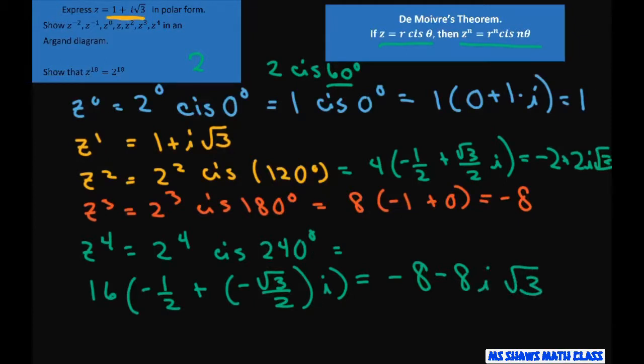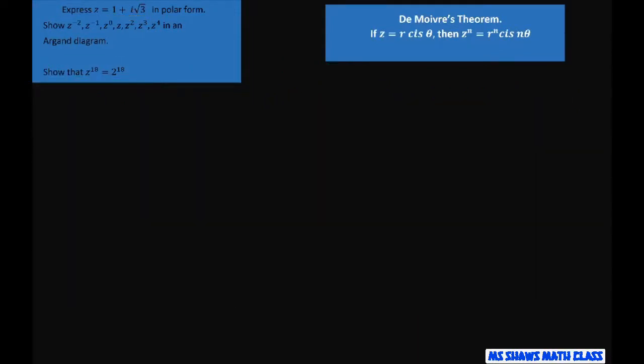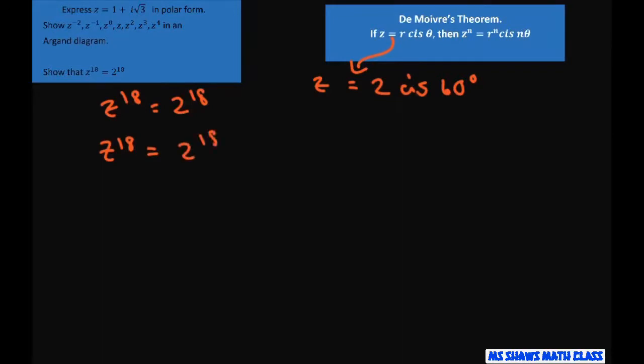So now that we have all of that, the next thing I'm going to do is show this, and then we'll show the diagram. So we're going to show that z to the 18th equals 2 to the 18th. We know that our z from here is 2 cis of 60. So z to the 18th equals 2 to the 18th cis of 18 times 60 degrees.